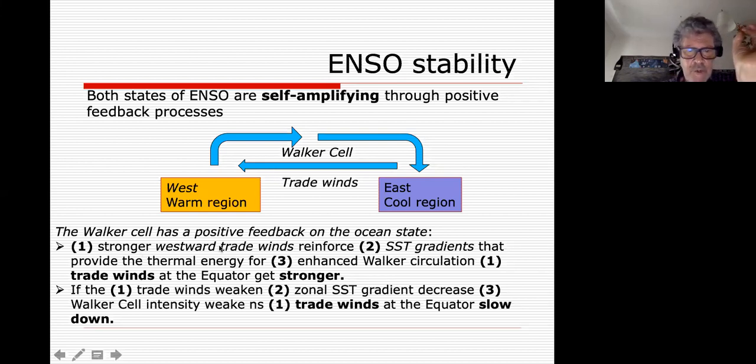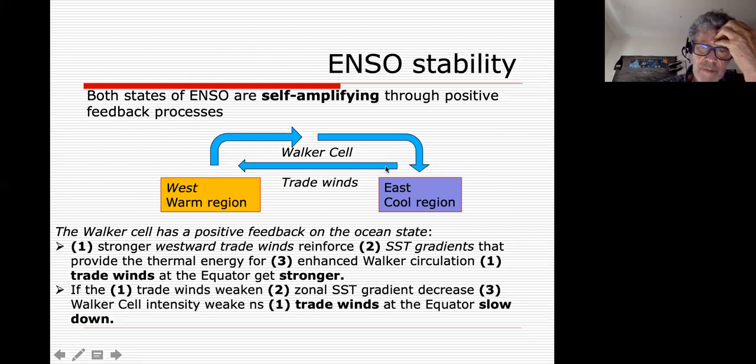If you have this temperature gradient, we also have an exchange with the atmosphere, and so the air above the Peru coast is cooler than in the western part, so the pressure gradient is high.